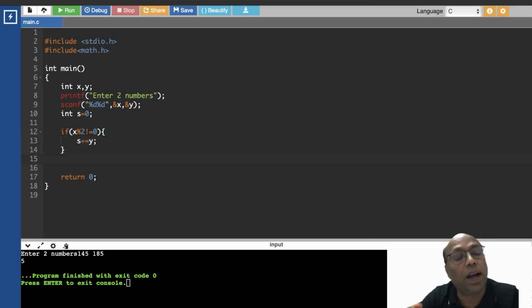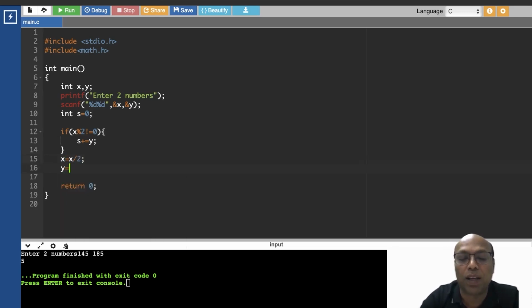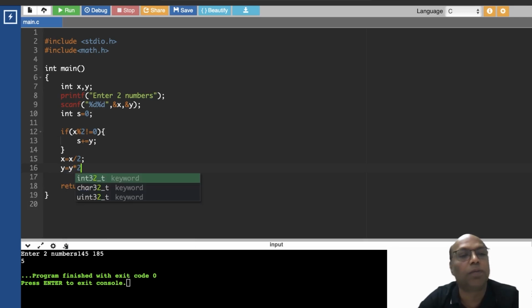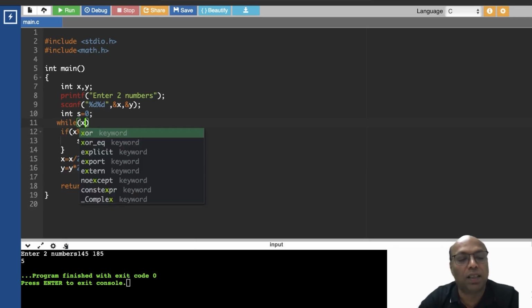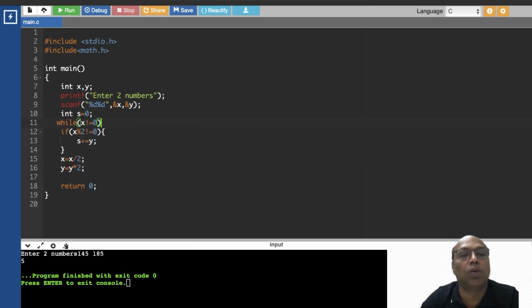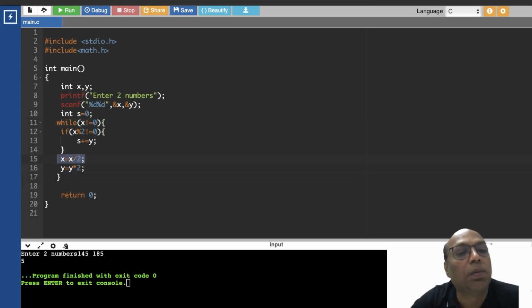Whether I added or not, every time I divided the x by 2 and multiplied what? y into 2. How long did I repeat this procedure? x is not equal to 0. Correct? This is the procedure I repeated. Remember, this is my updation that makes the condition false.